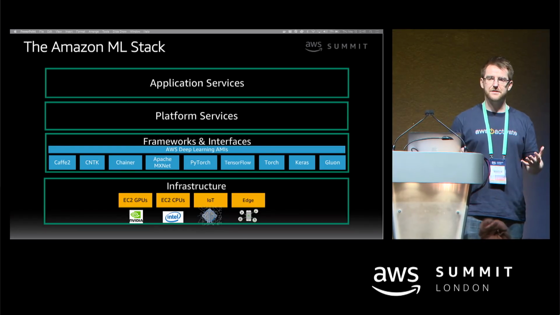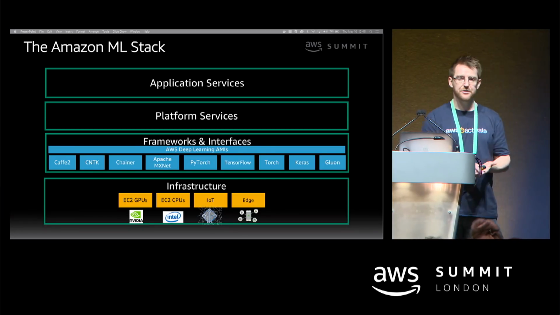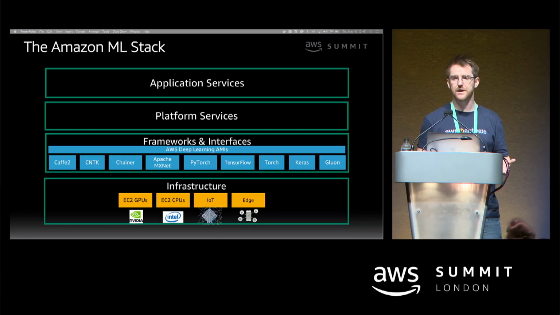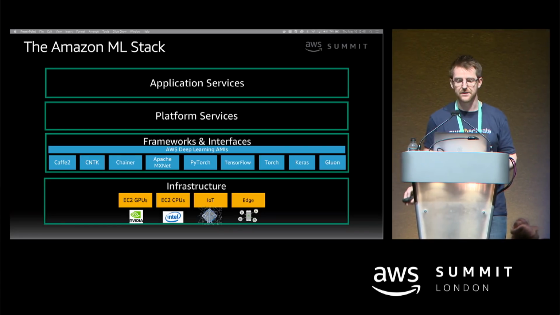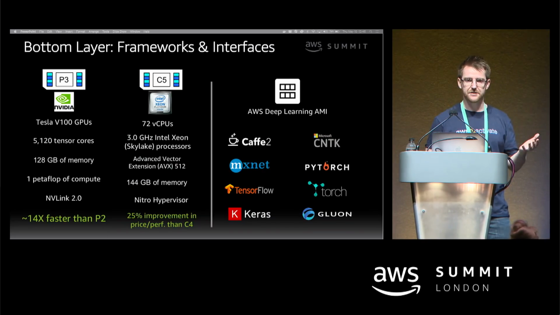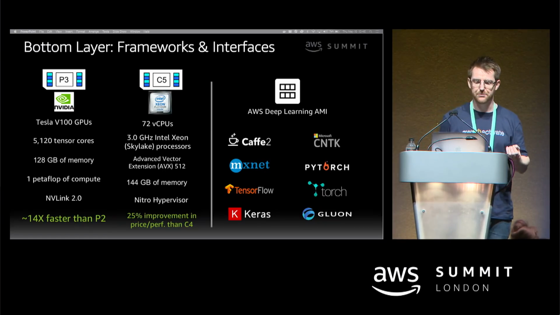And this then expands to things like IoT and also edge services as well. And that will include a vast array of different devices and different use cases. At the bottom layer, we've got the P3 instances, the GPU instance types, and these are built on the Tesla V100 GPUs.